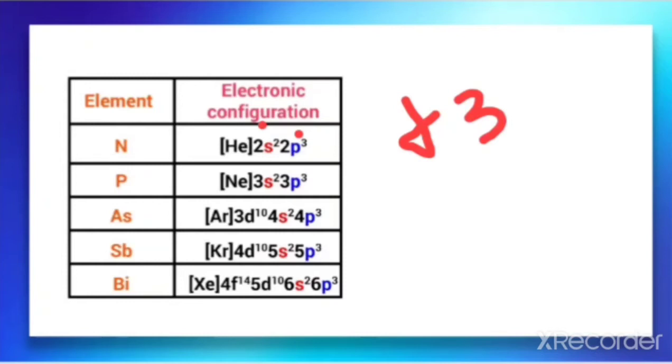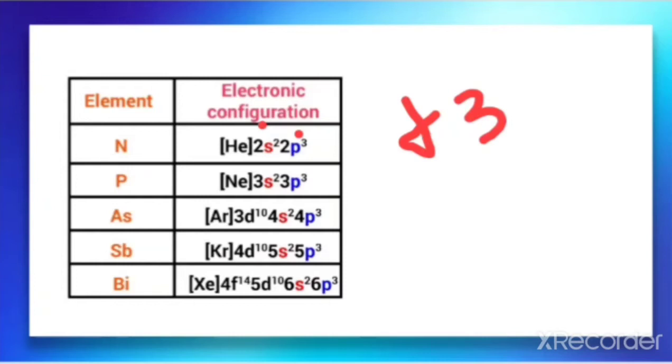But the gain of 3 electrons is not energetically favorable because it requires a very large amount of energy to gain 3 electrons and form a 3-negatively charged ion.